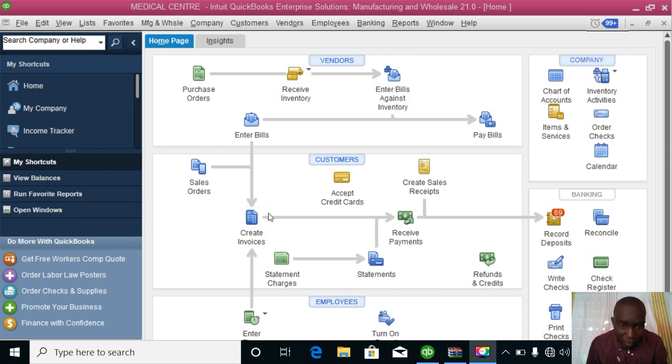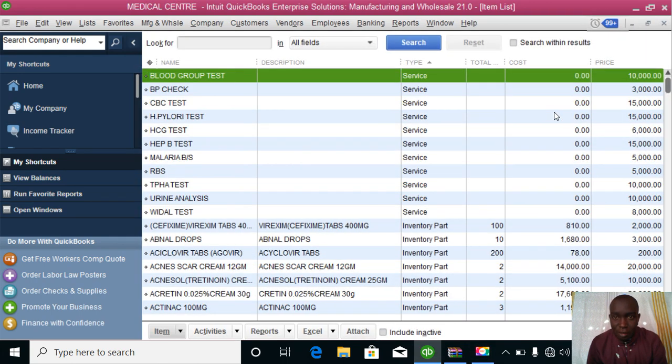Then we have another area here called invoicing. Create invoice. This is the one we shall use when we are capturing the sales we have done to the client. Okay, now let's start with our number one area, items and services. I can click here.